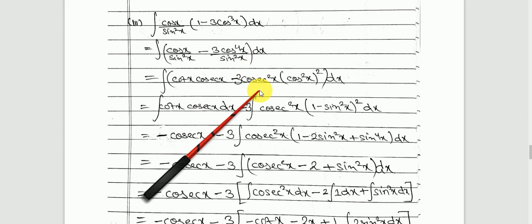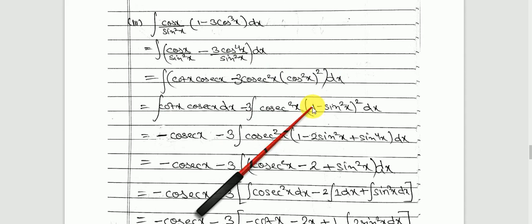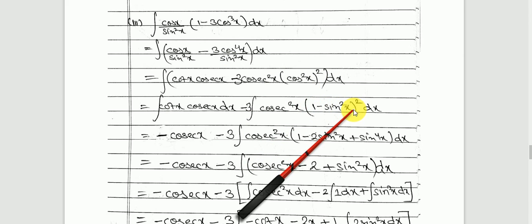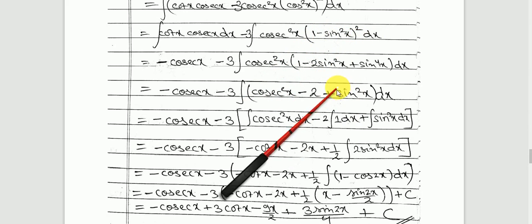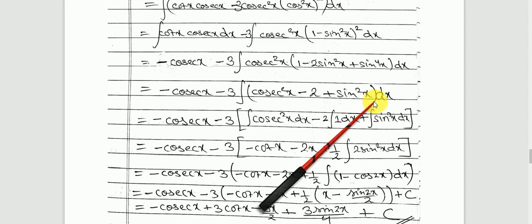Next, this sine square x can be written as cosec square x, and this cos to the power 4x can be written as cos square x whole square. Now this cos square x can be written as 1 minus sine square x. Then expand it using that a minus b whole square formula, open the bracket and you'll get this.